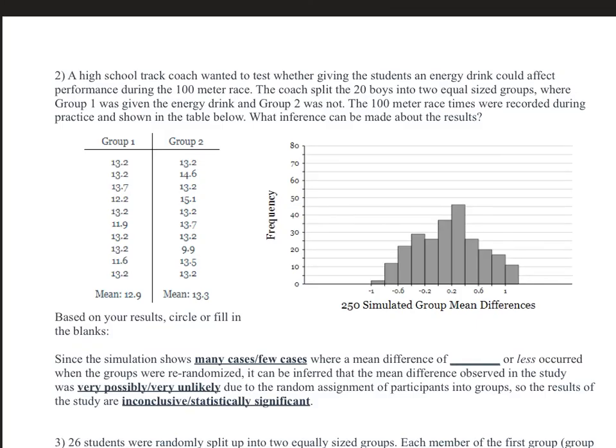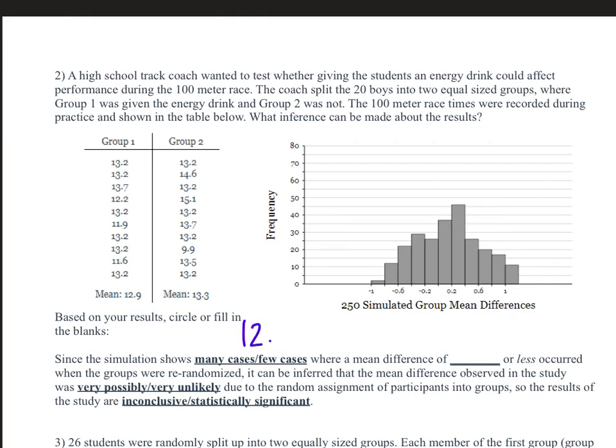Okay, so let's look at these, take a second and read this real quick. All right, so we just want to determine statistically significant. What we're looking at here is we have two means, so figure out the difference of the means.